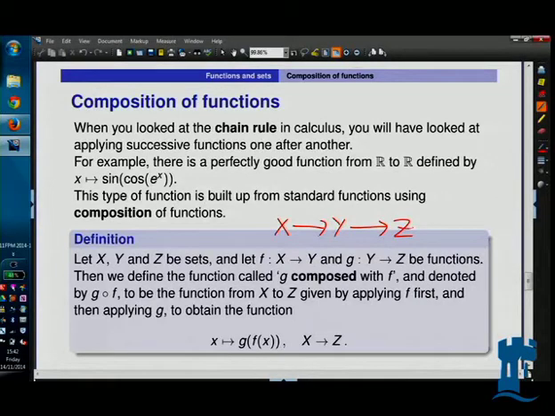I've got a function f going from x to y. I've got a function g going from y to z. And so obviously I can get from x to z by doing f first to take me into y, and then do g afterwards to take me into z. And that's what f composed with g does. Sorry, g composed with f.